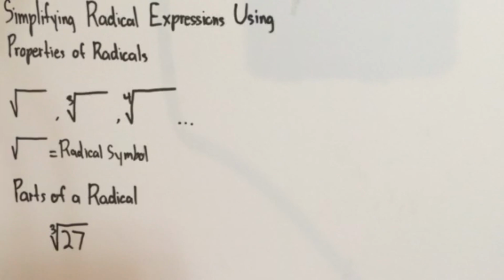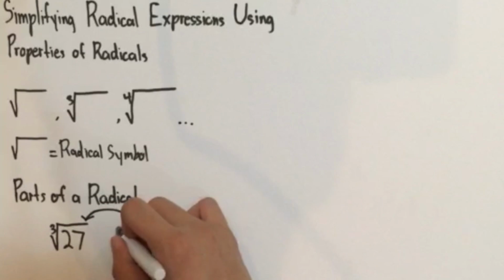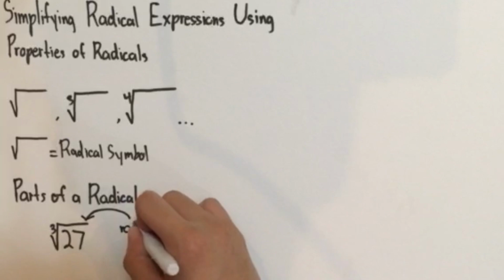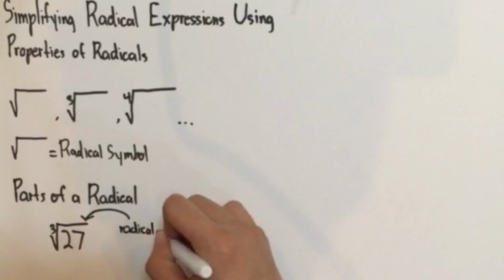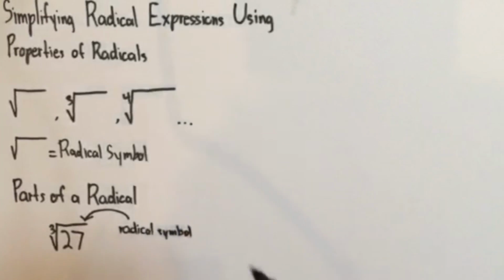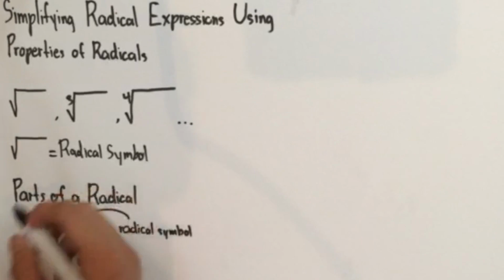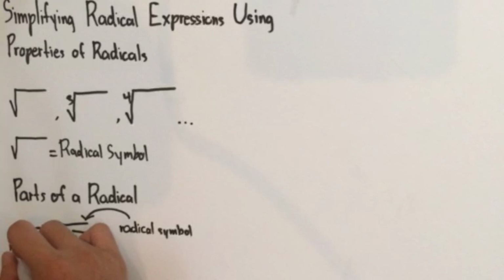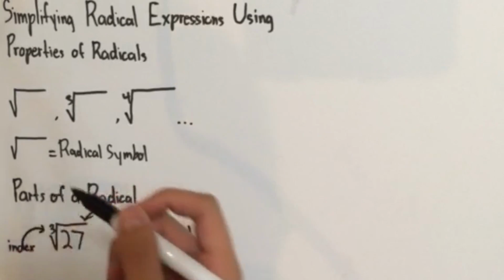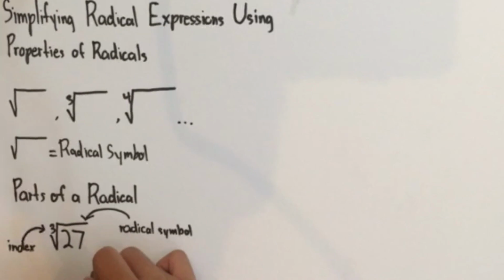The basic parts of radical expressions are the radical symbol, the index, and the radicand.